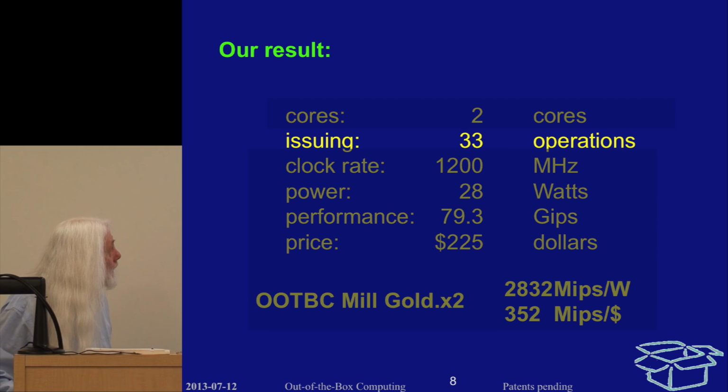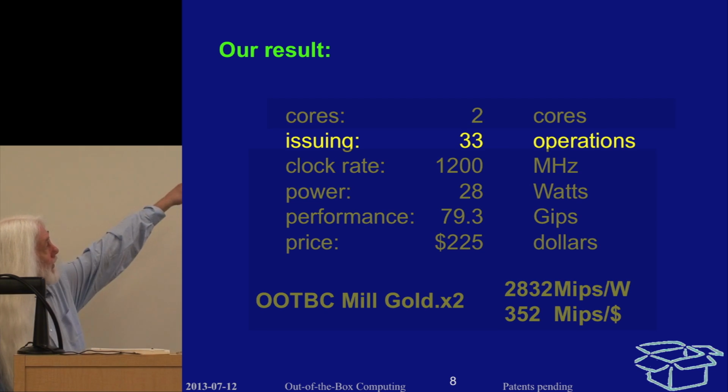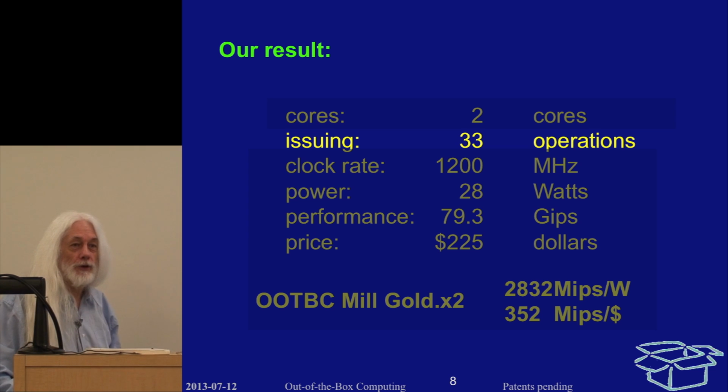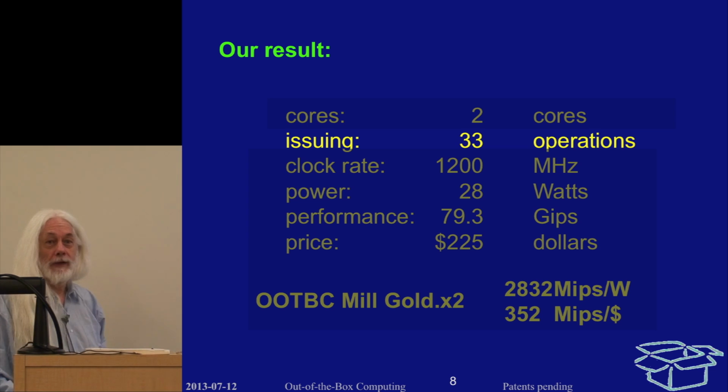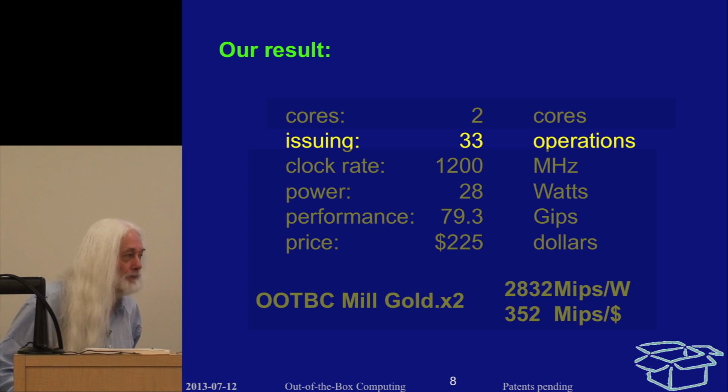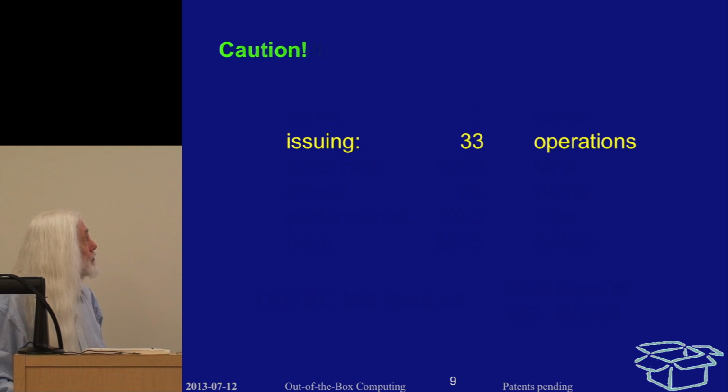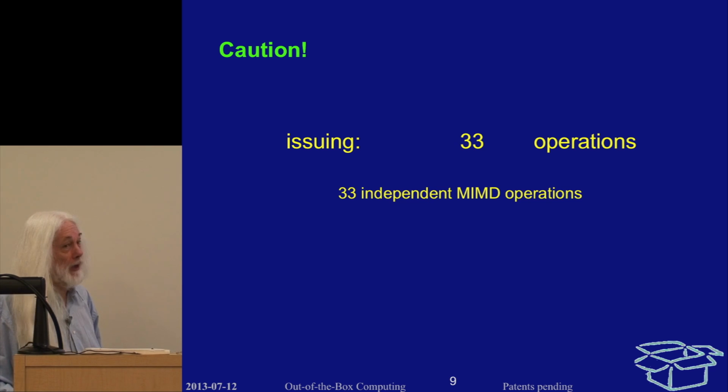Now, you may have noticed that line there, issuing 33 operations per cycle. No chip out there issues 33 operations per cycle. And a large part of what we had to do in order to get that goal was to figure out a way to have 33 operations per cycle.